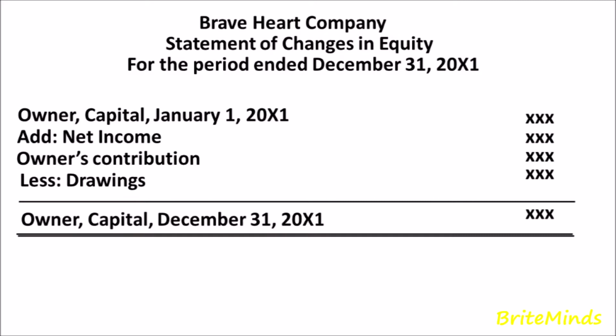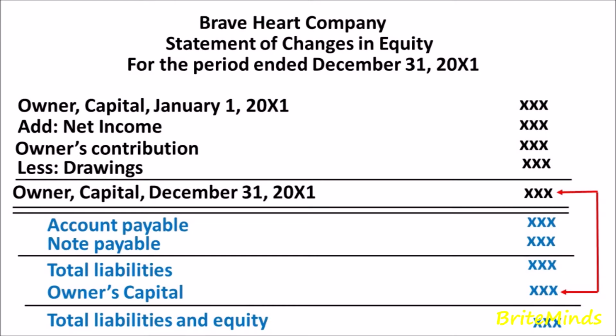And then we can see also the ending capital of the owner on December 31, 20X1. So we can see here that the bottom line of the statement of changes in equity is reported as the equity in the statement of financial position.